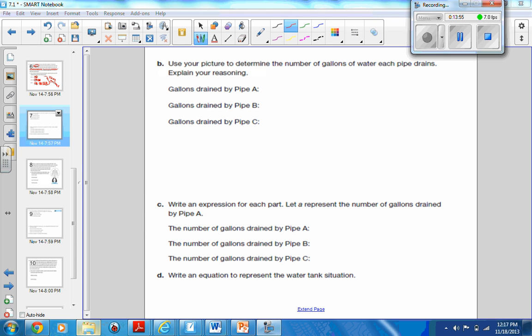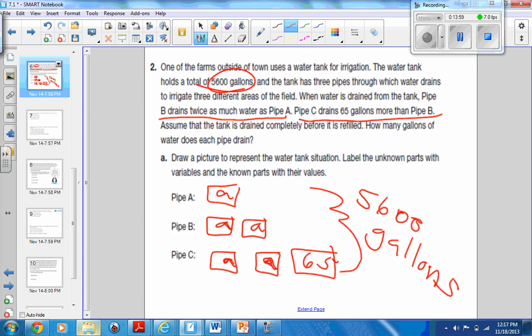So which pipe, looking at the picture, do we want to figure out first? Well, if we find out pipe A, just that one single box, then we can figure out all the rest of them. So we need to try to play with that number first. Do some mental math that you think would get you to add up to 5,600. Just think about that and come back and check your answer.